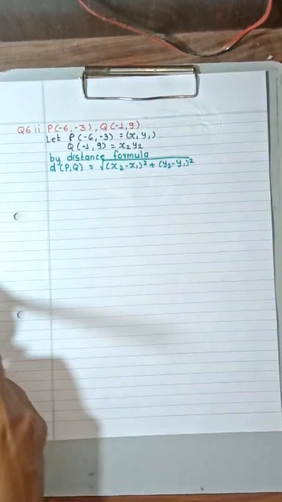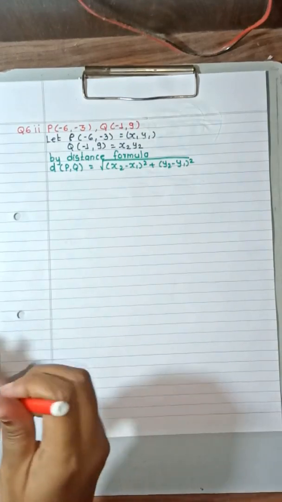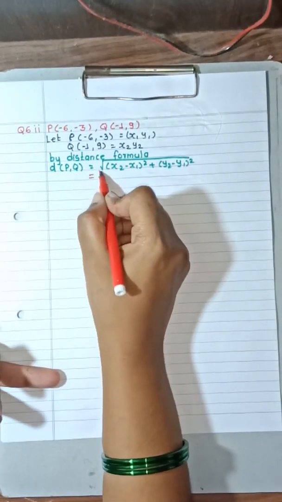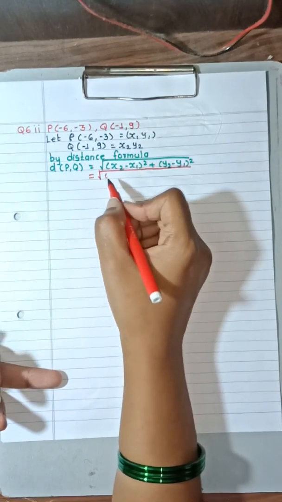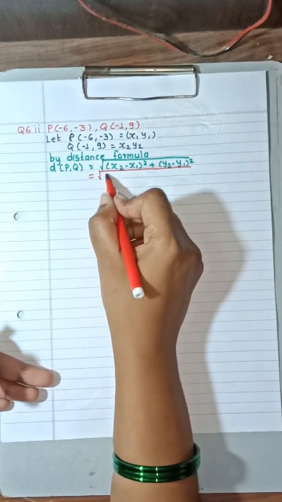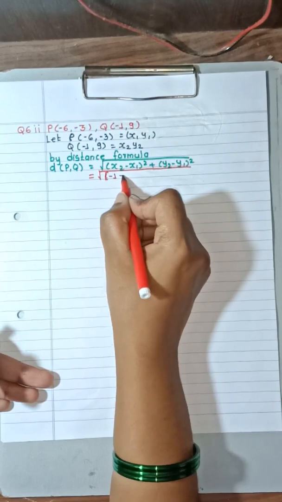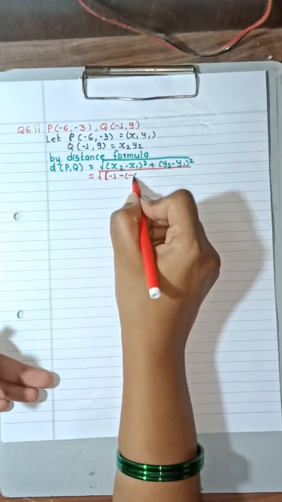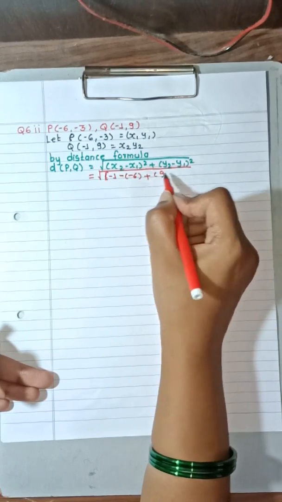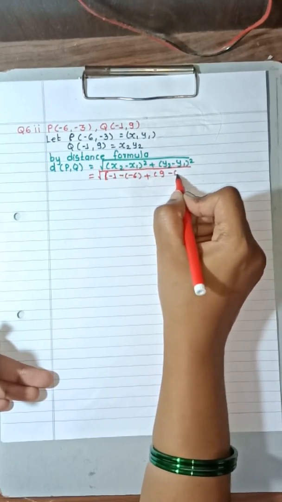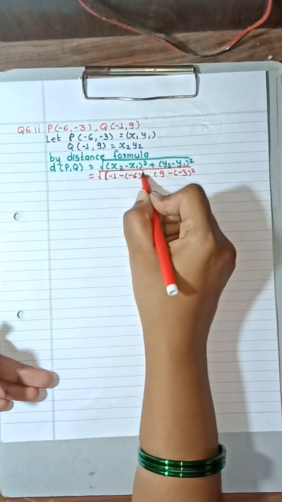Now we'll put the values over here. Under root of, now what is x2? x2 is minus 1 minus x1, x1 is minus 6, plus y2 is 9 and y1 is minus 3 whole square.